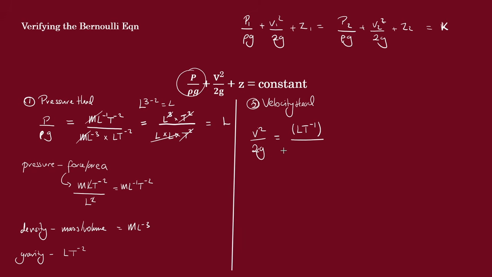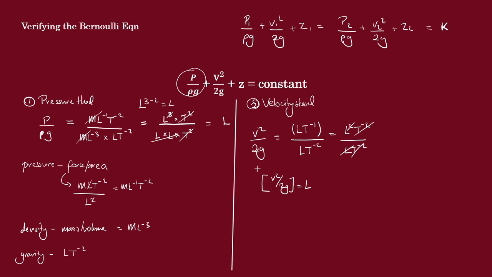G is an acceleration, so that is length per time squared. Squaring this is going to give us L squared T to the negative 2, divided by L T to the negative 2. There's no need to simplify this. These are just going to naturally cancel out, and one L takes out one index. So the dimension of the velocity head, that's v squared over 2g, is going to be L.